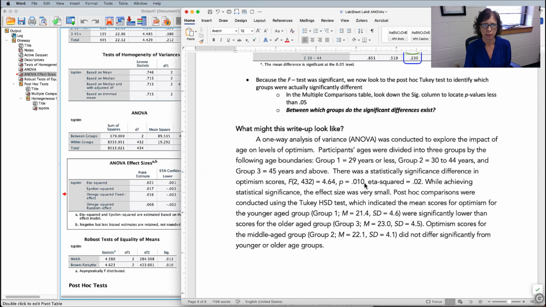464 and p-value eta squared. Okay. So while achieving statistical significance, the effect size was very small, the eta squared.